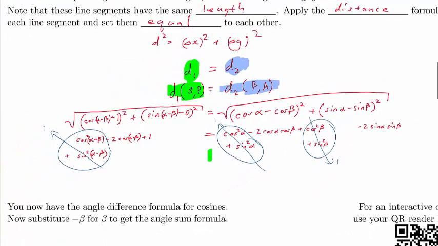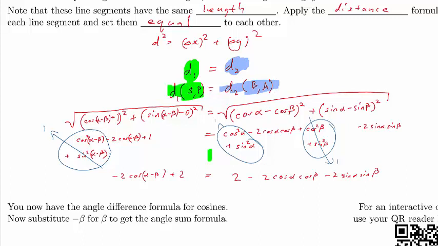And so when we combine everything, we have minus 2 cosine alpha, and then plus 2 equals, and then we got a 1 here and a 1 there, so that's going to be another 2, minus 2 cosine alpha cosine beta, minus 2 sine alpha sine beta.